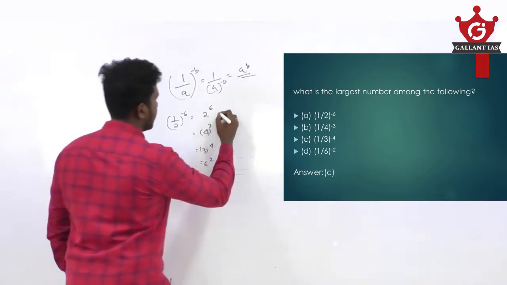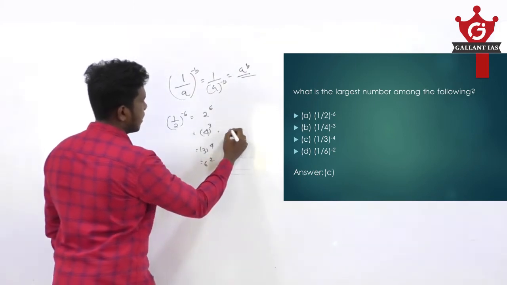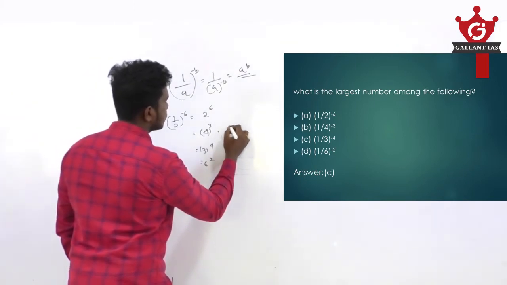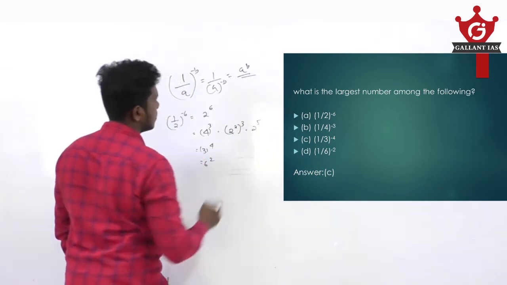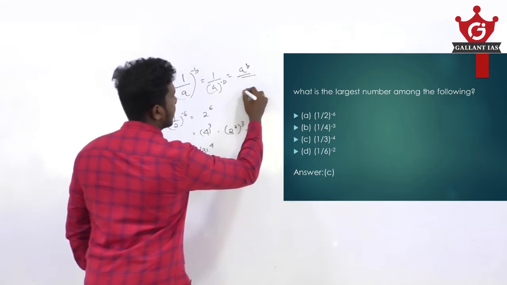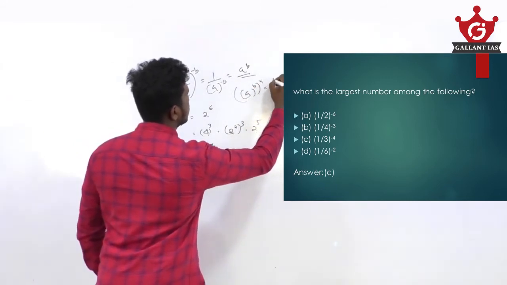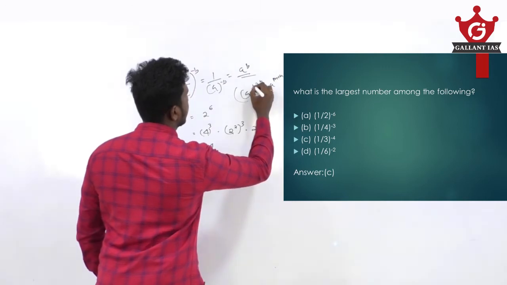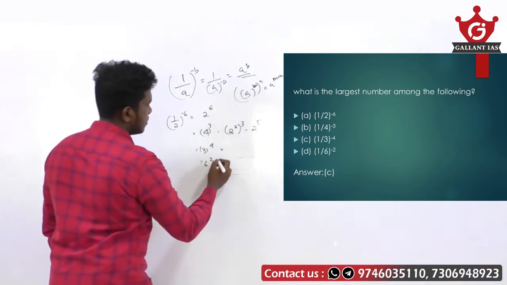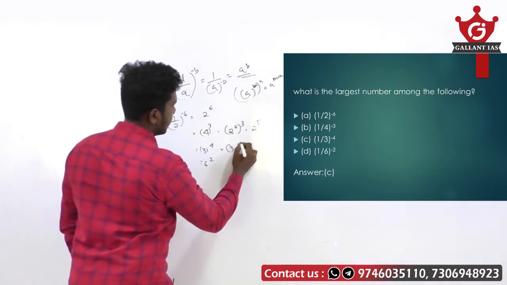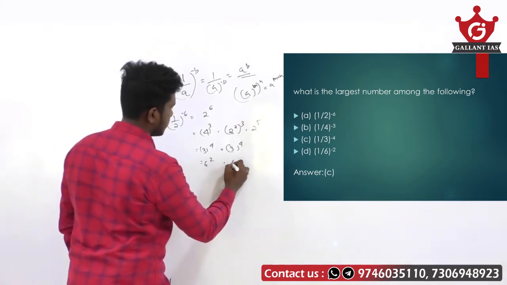Here 2 raised to 6. 4 raised to 3 can be written as (2 raised to 2) the whole raised to 3. That means 2 raised to 6. Okay, (a raised to m) the whole raised to n is nothing but a raised to m times n. That concept you use here. 3 raised to 4, of course, we need to find. 6 raised to 2.